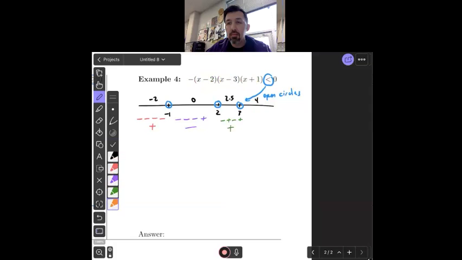And then plugging in 4. I start off with my negative. 4 minus 2 is positive. 4 minus 3 is positive. 4 plus 1 is positive. So 1 negative, 3 positives would be a negative. So which of those do we want? Do we want the positives or do we want the negatives?